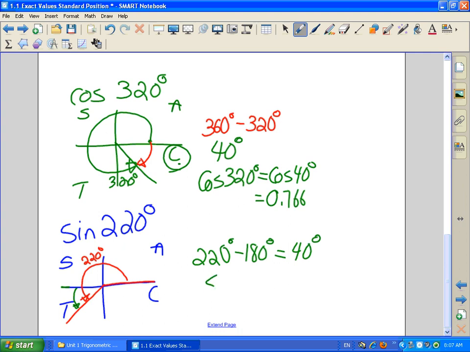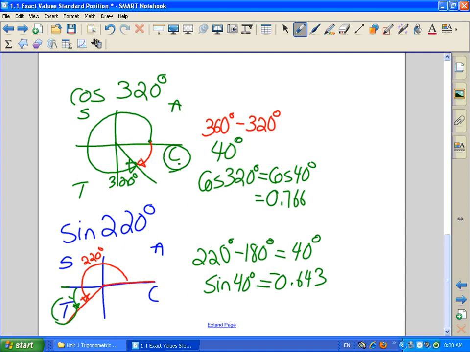Okay, so the sine of 40 degrees, is 40 degrees a special triangle? Nope. So plug it in your calculator. So go sine of 40. You're going to get 0.643 rounded. And then you have to decide, hey, in this quadrant, is sine positive or negative? It is negative. So you get negative value.